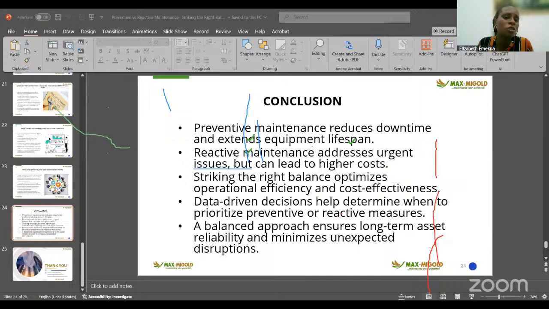If it's a run-to-failure system you're running in your facilities, that means your clients are responsible. Anytime that thing spoils, you say, oga, this thing has spoiled. You go to the market, you get them the price, you fix it. They approve it. That's your reactive plan. You can't budget for it sometimes.